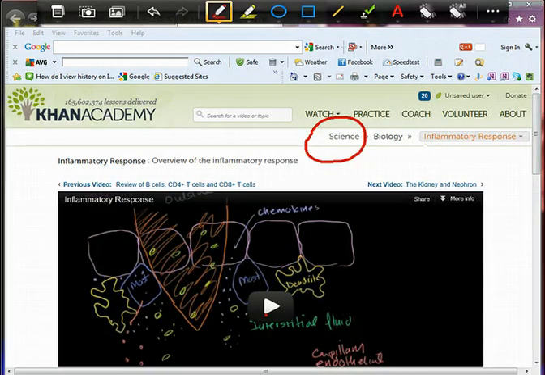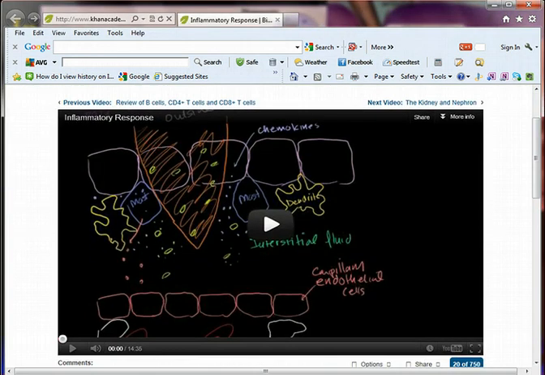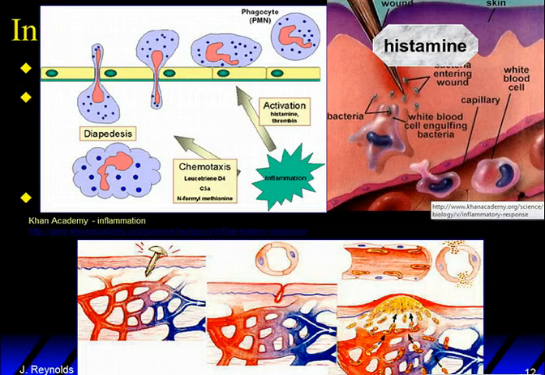I could have picked math instead, but why? And there are 2 areas you might want to think about. I'm in biology right now, but there's also an area in science called health and medicine. And in this particular one, there's a really nice little layout of inflammation, which we're going to get into right now. Let me get back over to PowerPoint.